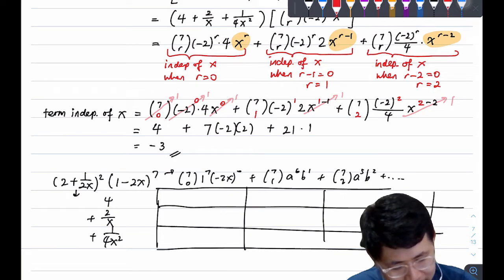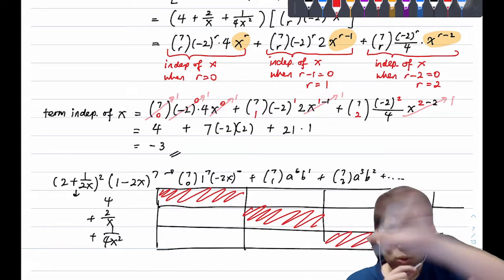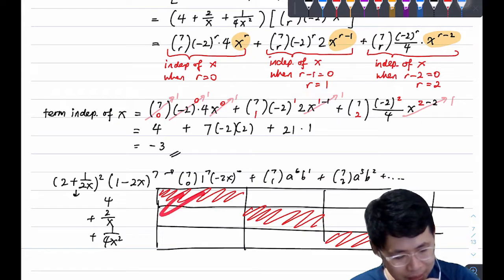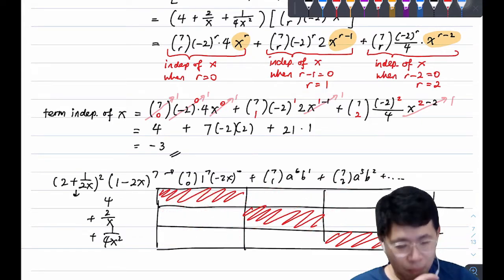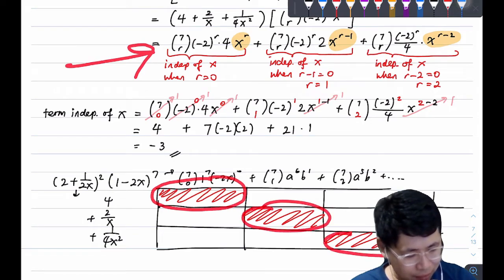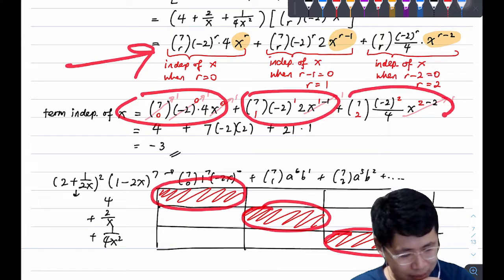The term with no x is this term, this term, and this term. So instead of expanding the whole thing out as one big table, what we are doing here is just isolating: I want this, I want this, I want this.